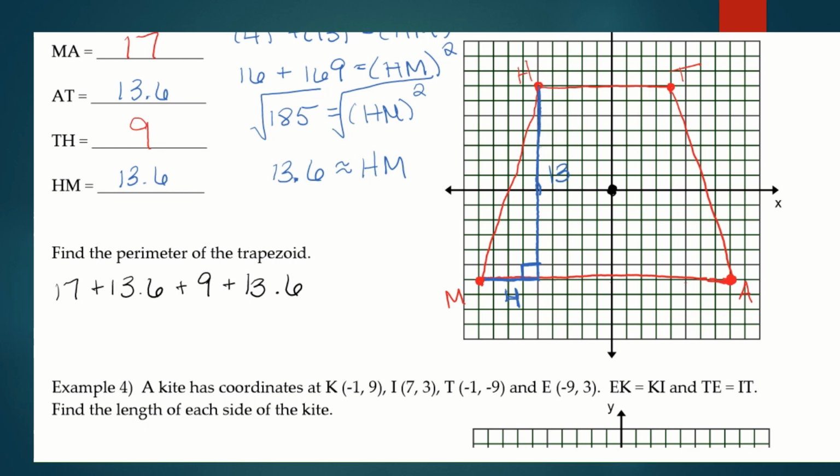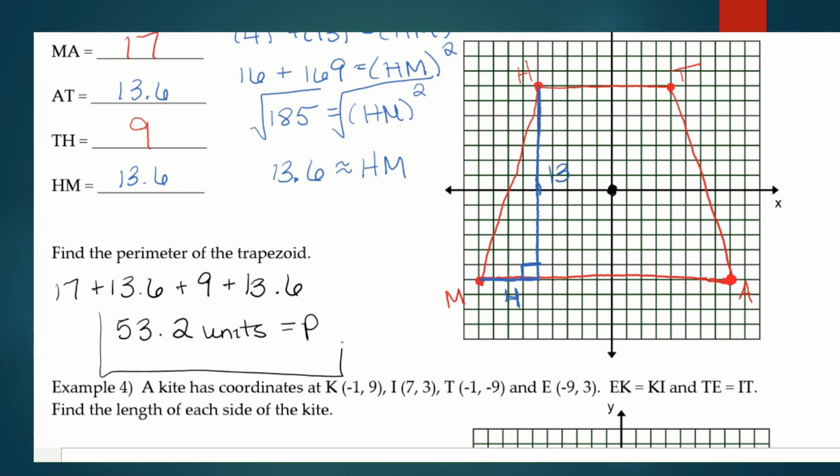And that gives us 53.2 units for our perimeter. Okay. And again, this is approximate. I should say we're not going to put the approximation sign just because we're using 13.6 here, but this gives us a good idea as to what the perimeter would be for this isosceles trapezoid.